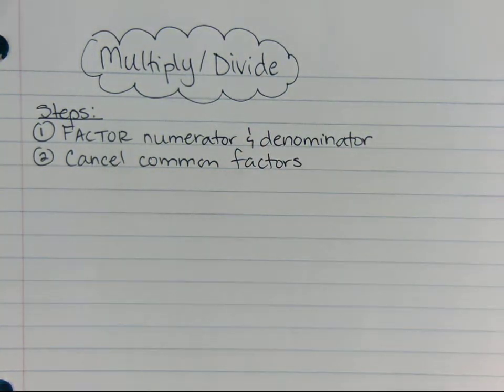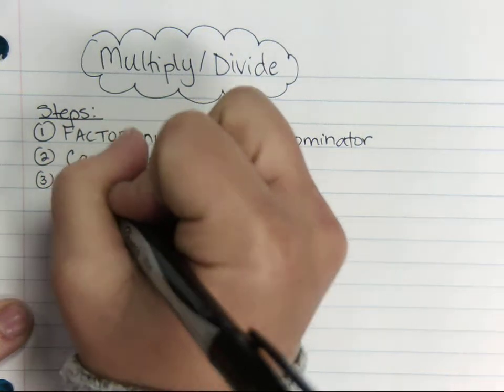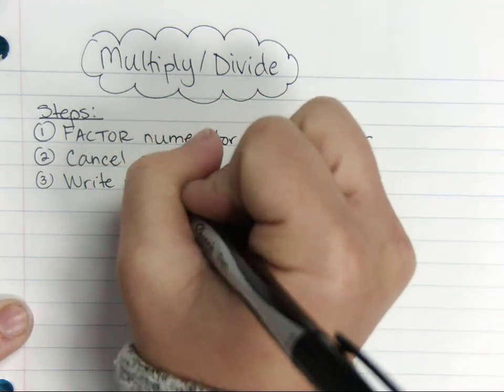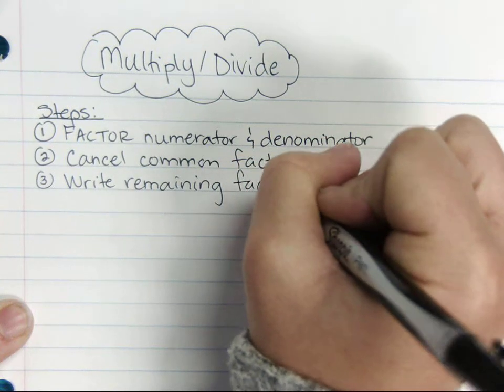At the very end, if you still have multiple fractions written, you're going to write all of the factors you have left as a simplified fraction. So that's going to be your last thing: write remaining factors as one fraction.